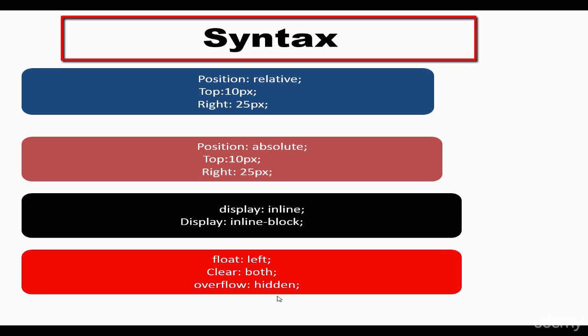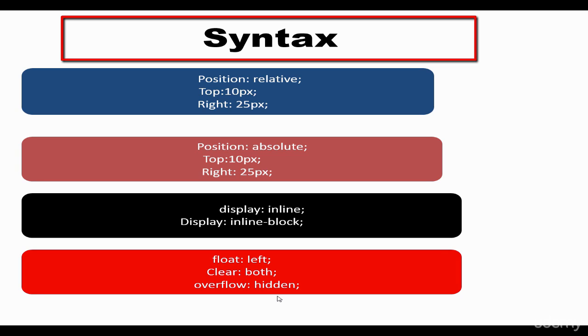In this video, we went through some of the display and position properties that can be used on a web page. We went through the position property. When specifying that, you need to determine the type of position first, and then you specify the top, right, bottom, or left property, depending on the property you want to apply the positioning effect to.